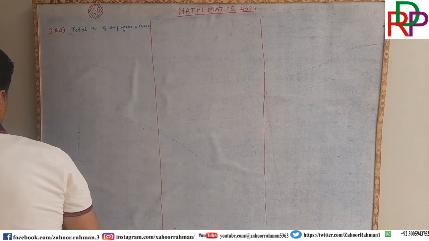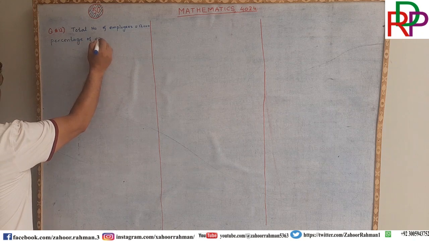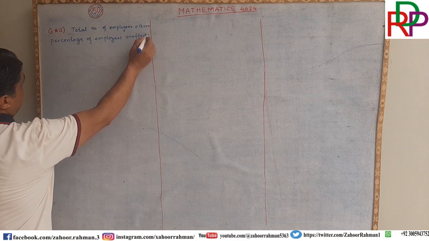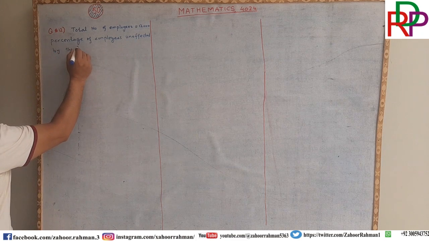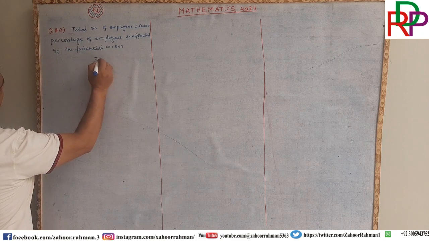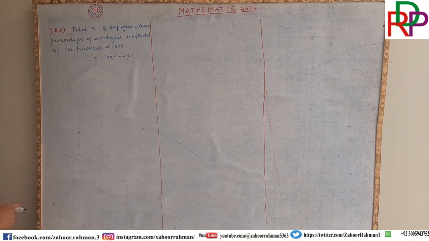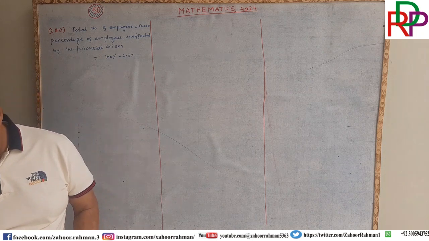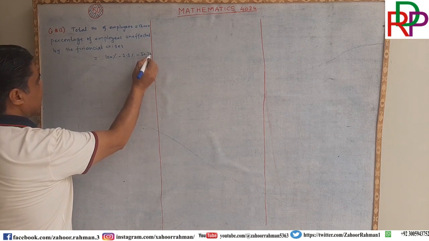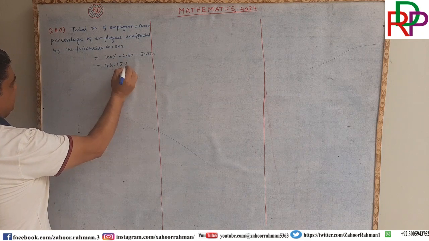So, percentage of employees unaffected by the financial crisis is equal to 100% minus 2.5% minus 50.75%, which is equal to 46.75%.